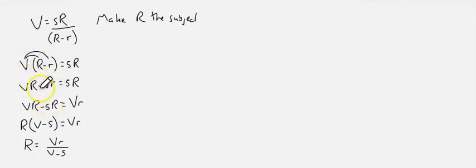After that, we group the common terms with capital R, or whatever they're asking us to make the subject, and then we use factorization to single it out, and then of course here we divide both sides by V minus 5 to get our subject as capital R. Good, so this is a slightly tricky one that tends to catch a lot of people. Let's move on to another example with a square root in it.